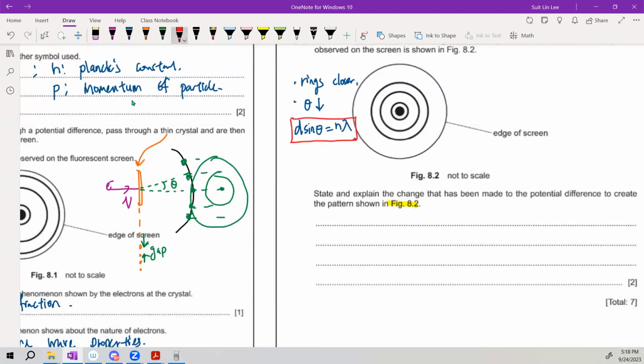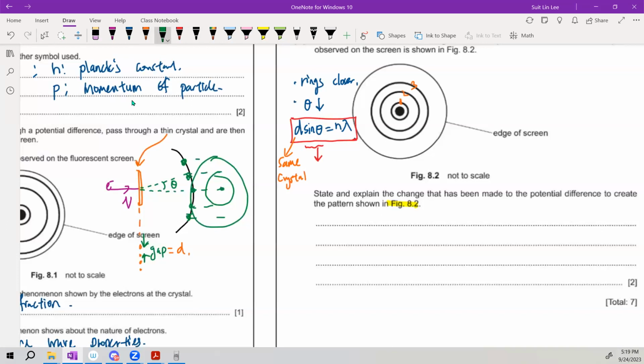If my theta decreases, assuming my crystal is the same crystal, this is your gap size d. The order here is n equals 1, n equals 2, n equals 3, so n is the same.